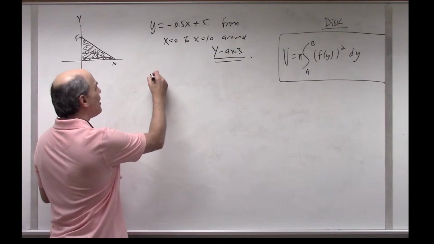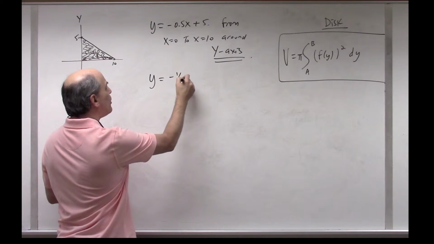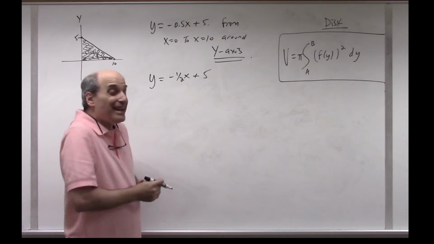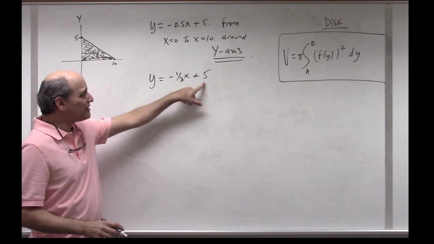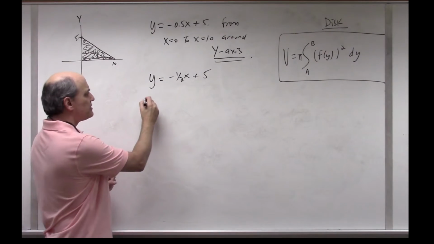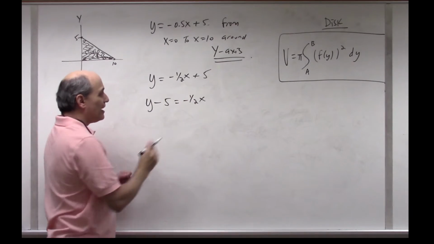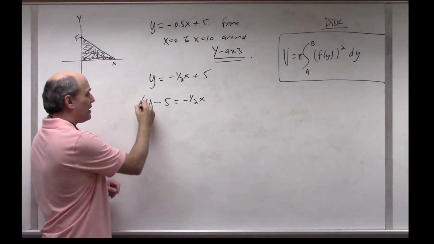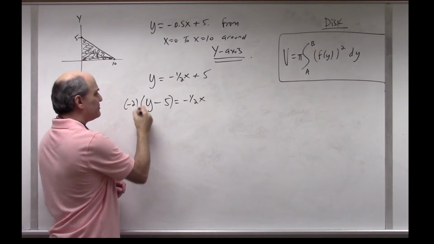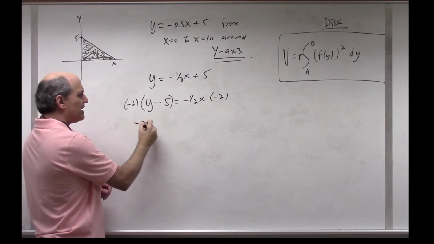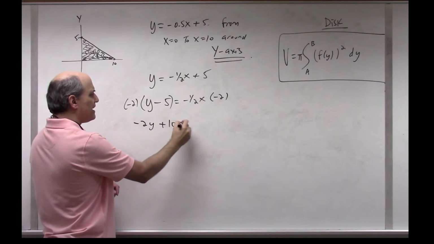So I need to solve negative 1/2 x plus 5 for x. But that's easy to do. Just subtract 5 from both sides, and then multiply both sides by negative 2. Here, I'll get negative 2y plus 10.